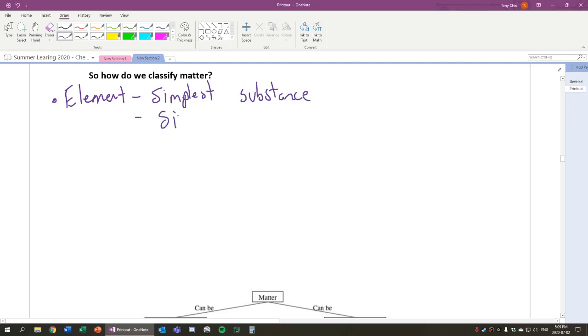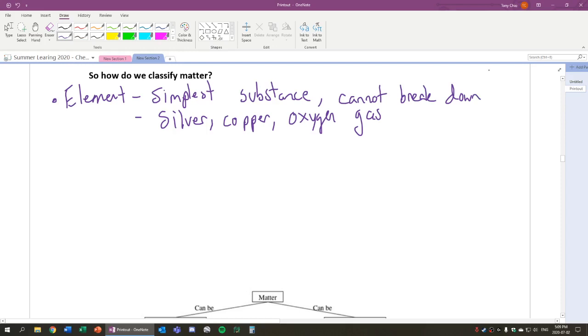So for example, silver, copper, oxygen gas. These are elements because they're the simplest substance. They cannot be broken down anymore into simpler substances.